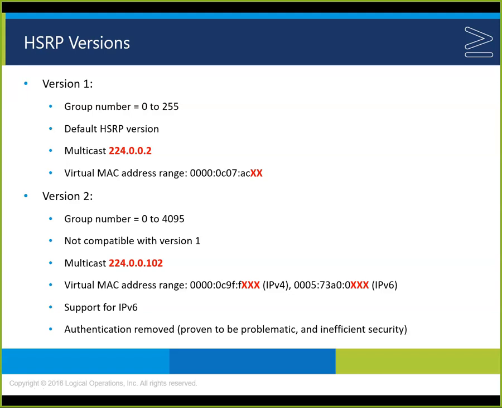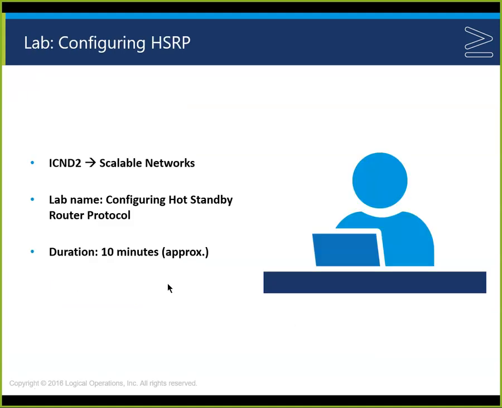The last section is 16 bits. It's going to start with an F for IPv6 and a 0 for IPv4, but the last 3 digits still represent the group number. Version 2 has support for IPv6. Authentication is removed. It didn't really work all that well, insufficient security for these things.